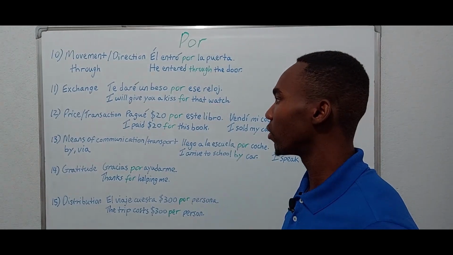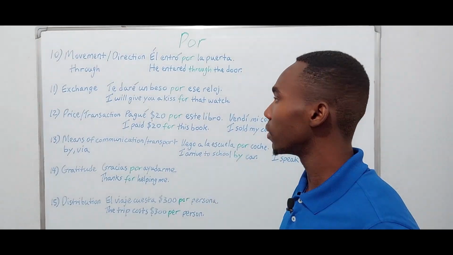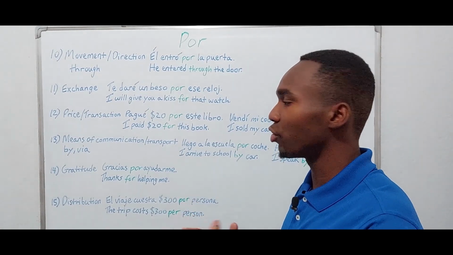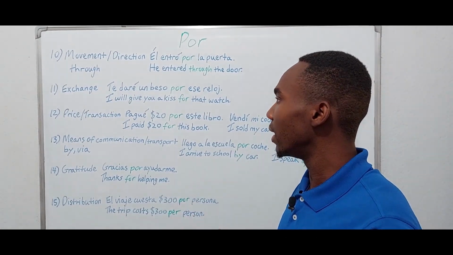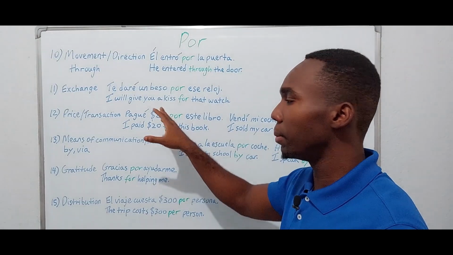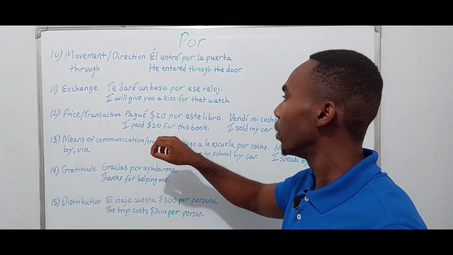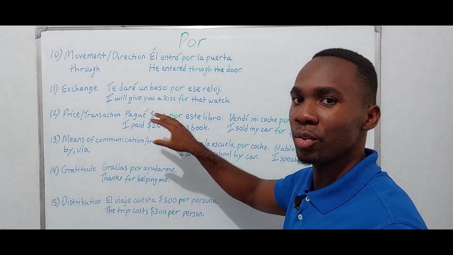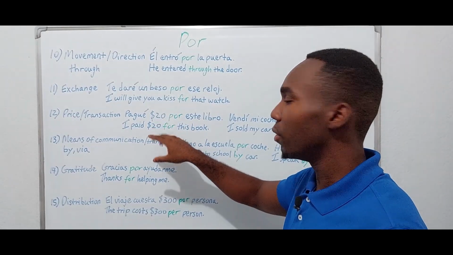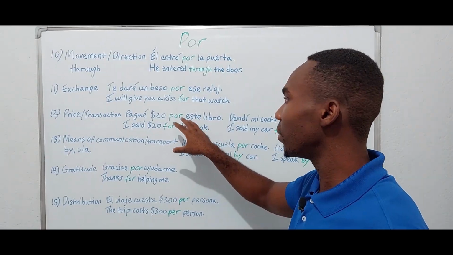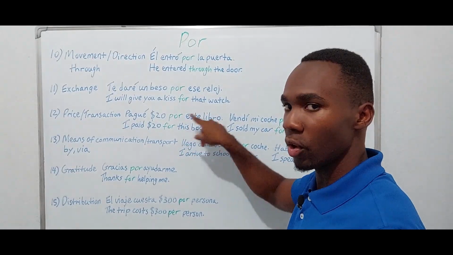I paid $20 for this book, right? So that's telling you that a transaction took place, and even though the price occurs before por, it's giving you how much money you would have paid and for whatever item it is. So in this case, the item that you are purchasing follows por, right?